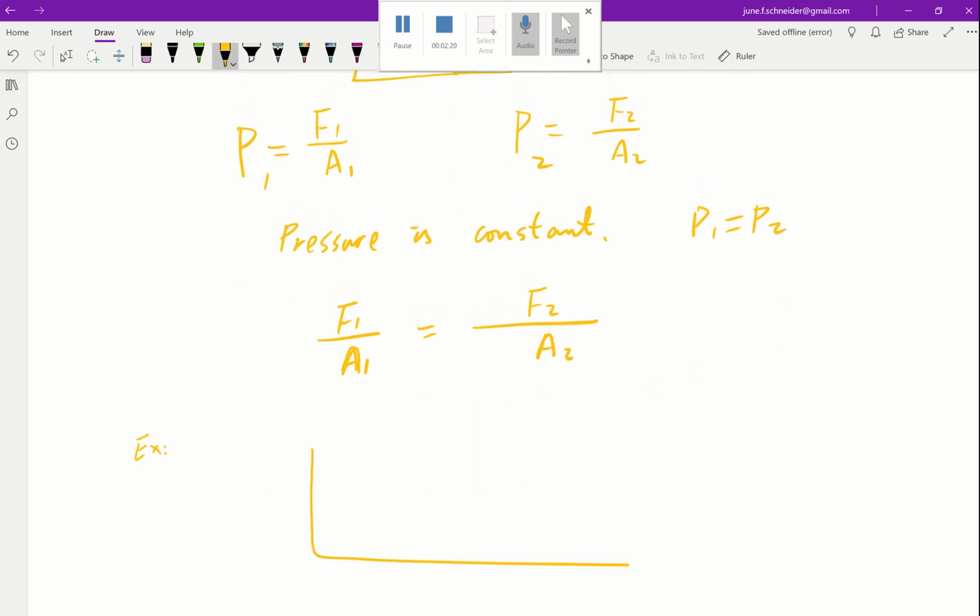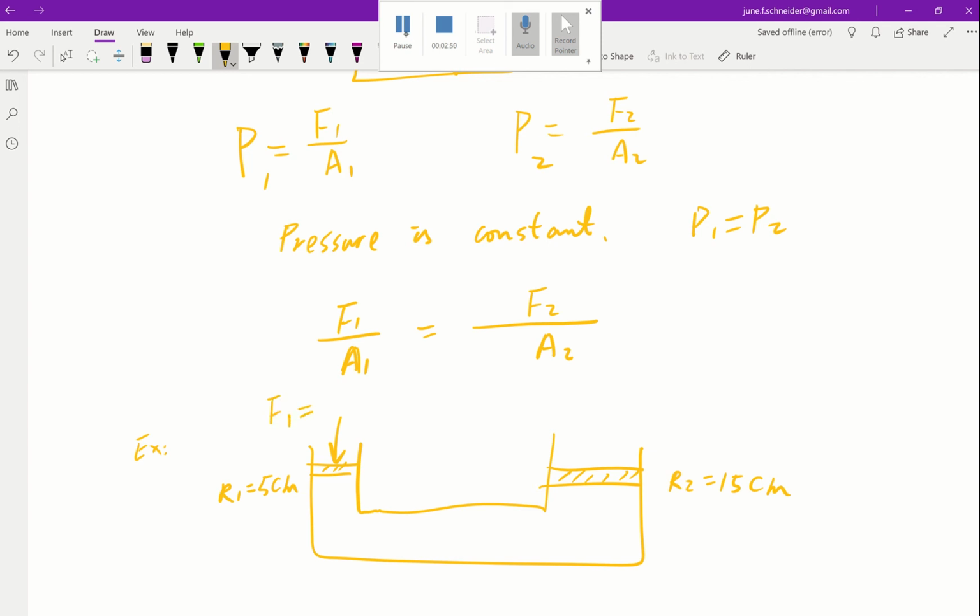If this is a hydraulic system and we have 2 cylinders, obviously this cylinder is going to have a smaller cross section and this one a greater cross section. Let's say this has a radius of 5 centimeters, if it's a circular cross section, and here is 15 centimeters. And then imagine you have a mass on here, let's use the force.